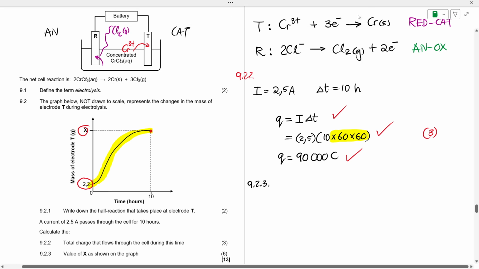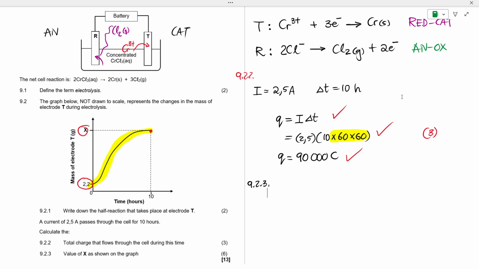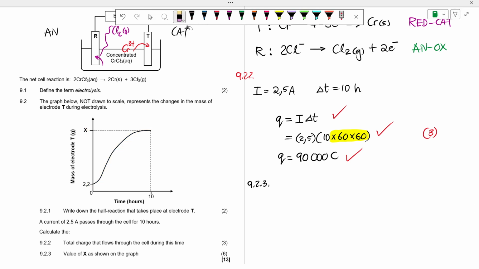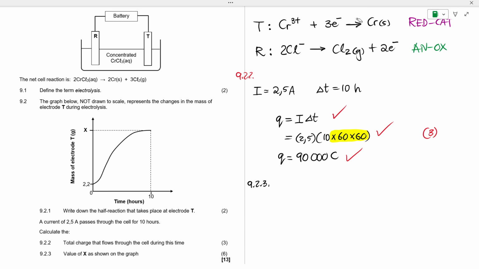Let's say you are in the exam. How many of you feel like, nah, I can't do this one, to be honest? You are given a graph and that schematic, and then they say calculate the value of x. Solve for x.